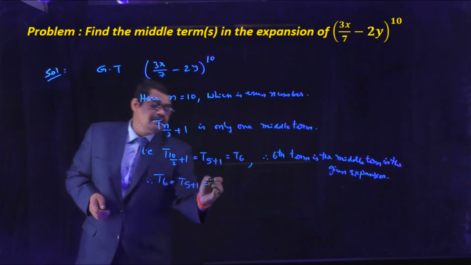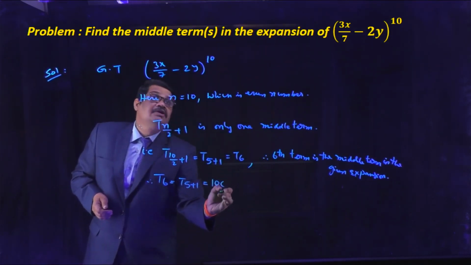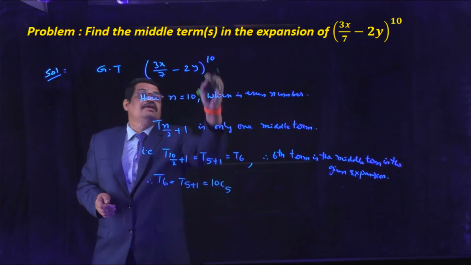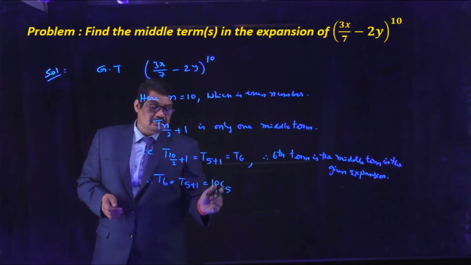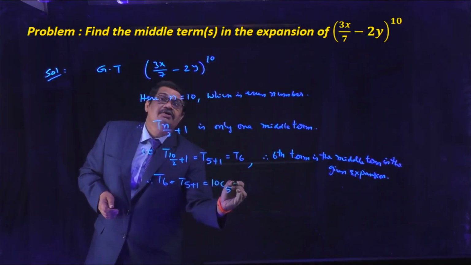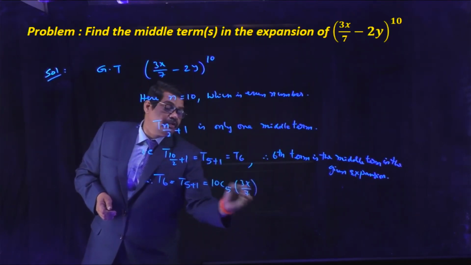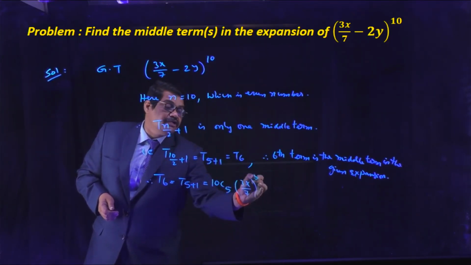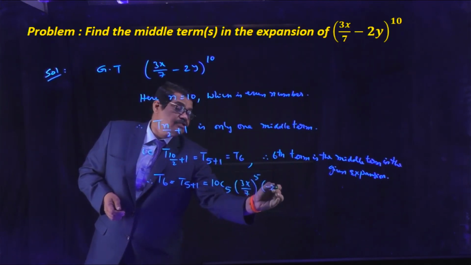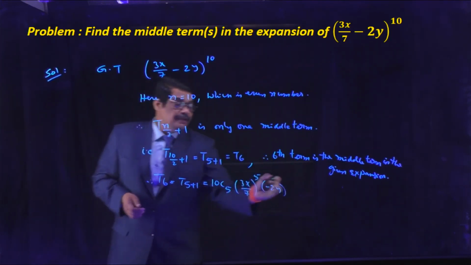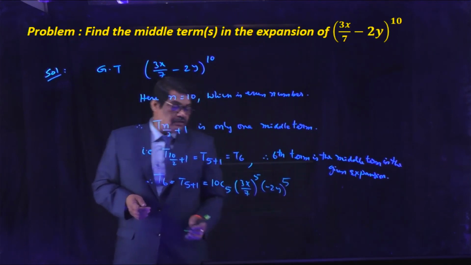Now what is nCr here? That is 10C5, where n is 10. T6 equals 10C5 times the first term (3x/7) to the power of 10 − 5, that is 5, times the second term (−2y) to the power of r, that is 5.